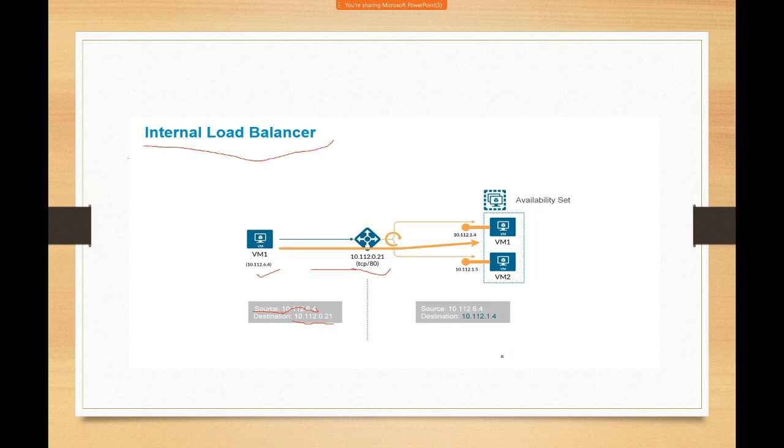Once it reaches here, the source will remain the same and the destination will be changed. So the destination here is Palo Alto VM1. Clear, guys?